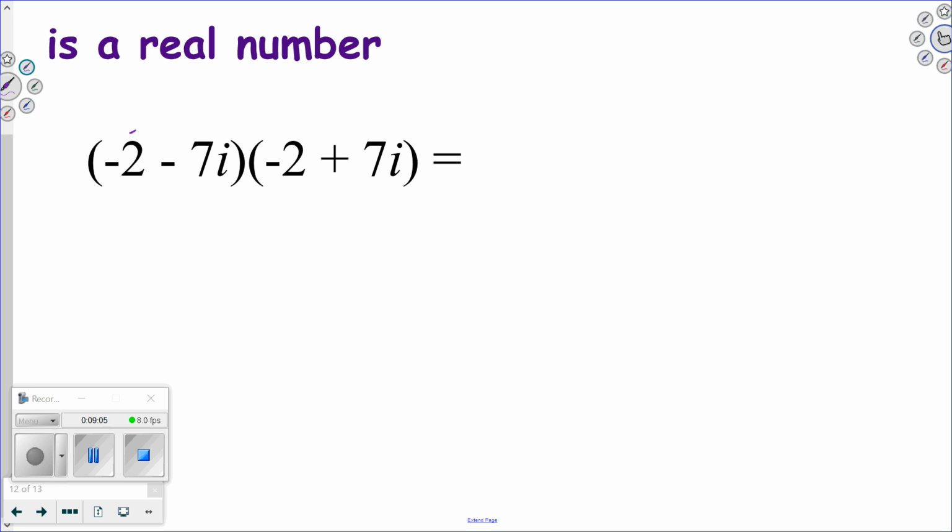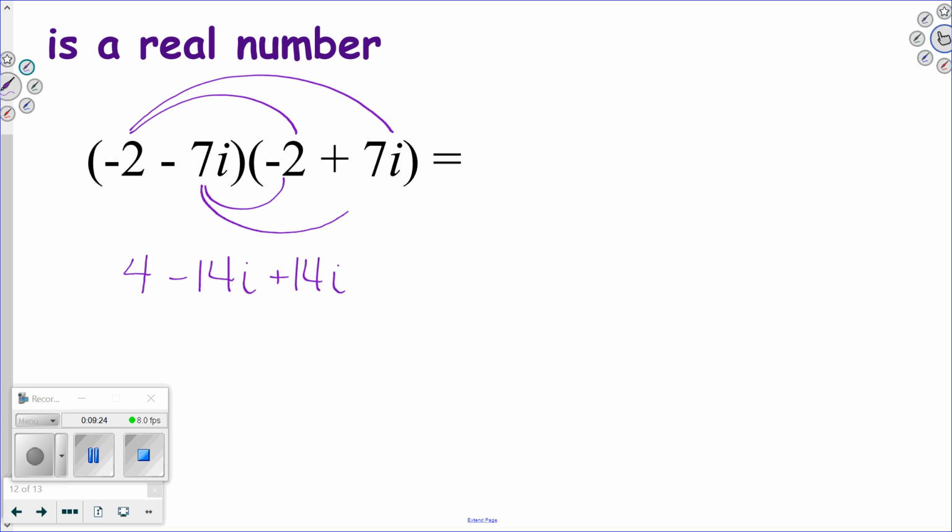All right, but when you multiply them, negative 2 times negative 2, positive 4. Negative 2 times 7i is negative 14i. Negative 7i times negative 2 is a positive 14i. And then the negative 7i times 7i is negative 49i squared.